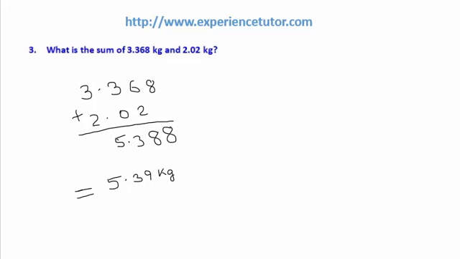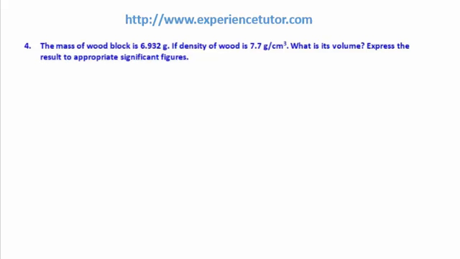The next question is, the mass of a wooden block is 6.932 gram. If the density of the wood is 7.7 gram per centimeter cube, what is the volume? Express the results in appropriate significant figures. So we know that volume is equal to mass upon density.